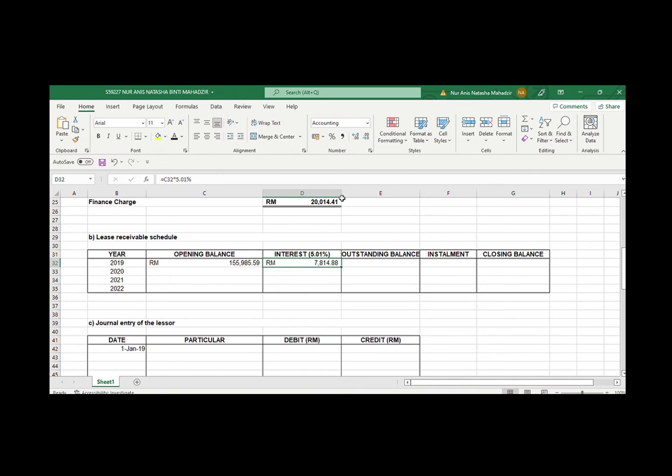Next, for the outstanding balance, the opening balance plus the interest that we have calculated. And lastly, for the closing balance, the outstanding balance minus the installment that is given. And we will get the closing balance for 2019. The closing balance for 2019 is the opening balance for 2020.